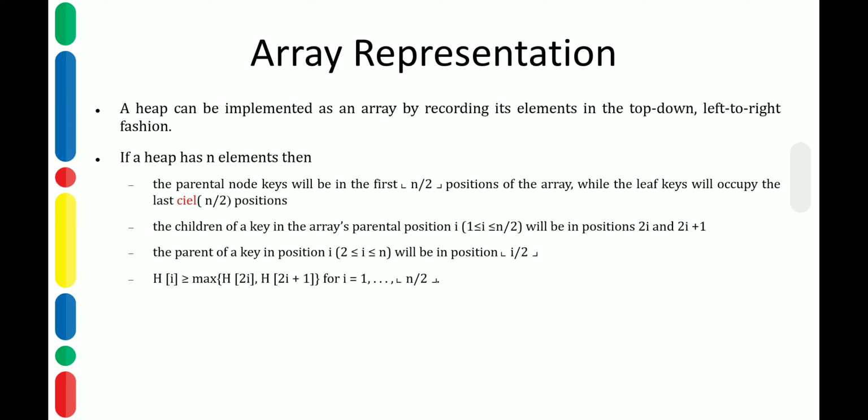If the heap has totally n elements, then if we add the number of parent nodes and the child nodes, they should turn out to be n. Therefore, the total count of parental nodes is n by 2 rounded down, and the total count of the child nodes is n by 2 rounded up. Then, how do we represent this?